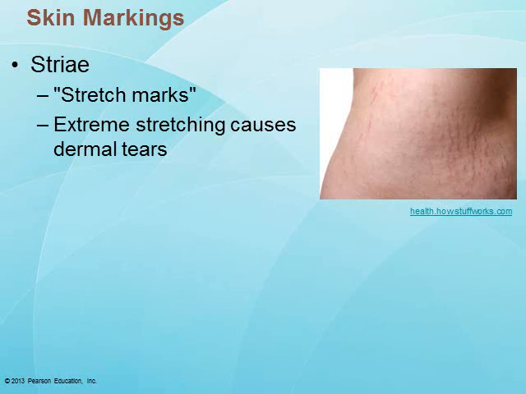Another skin marking is the stretch mark, or striae. The striae, as you see in this picture here, are normally caused by the tissue beneath the skin growing so fast. It's too fast for the skin to grow as fast as the tissue underneath it.